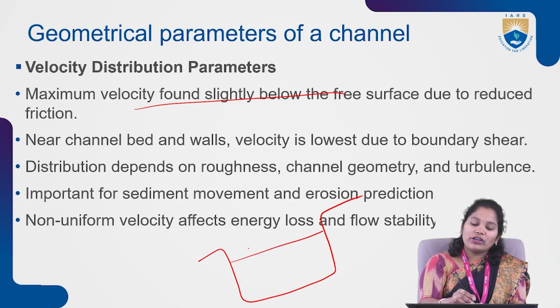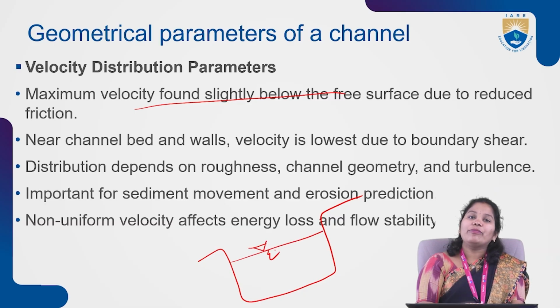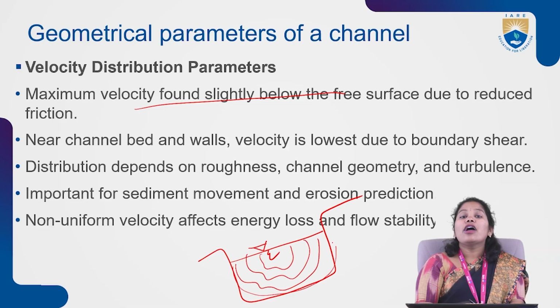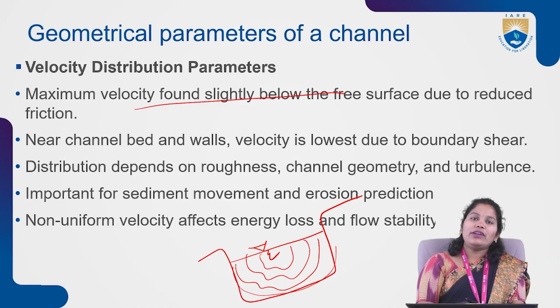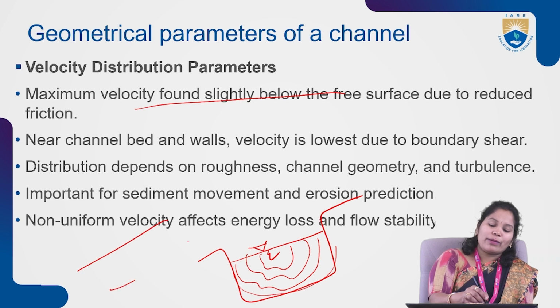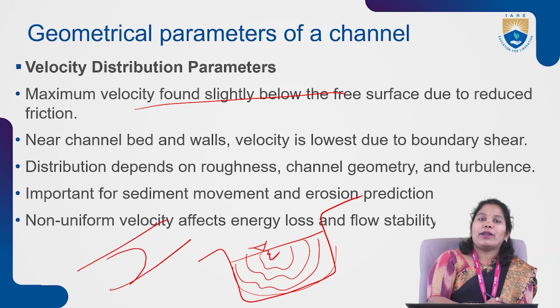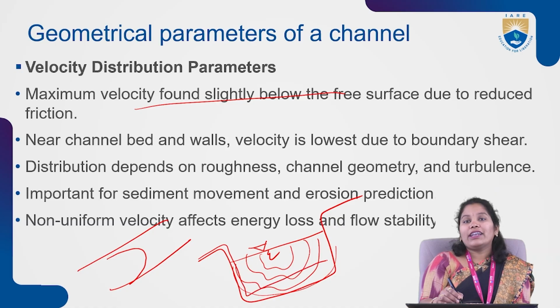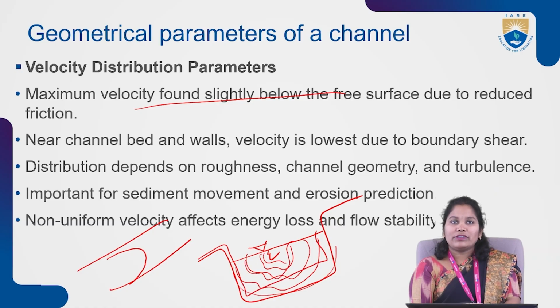If your channel is the rectangle type, here we see one type of velocity distribution. This is the velocity distribution profile of a channel, right? For a pipe it is a parabola, but for a rectangular channel, this is what your profile is.